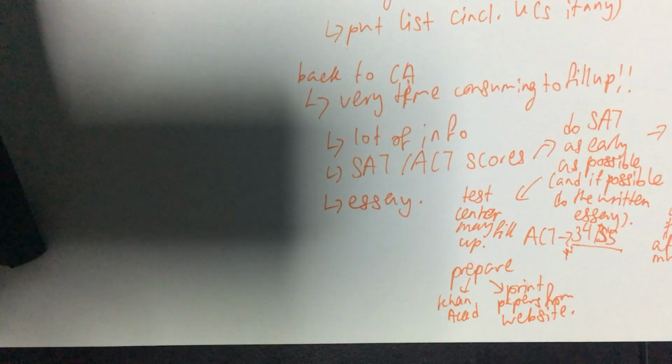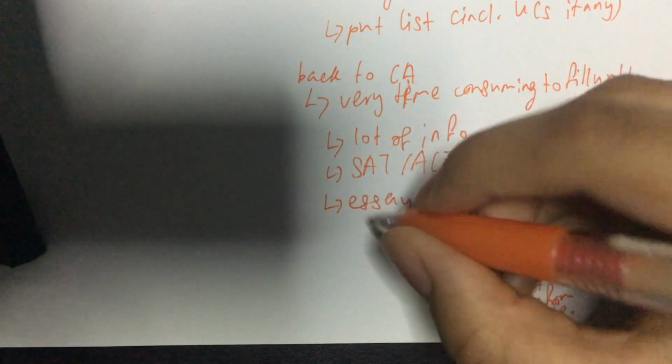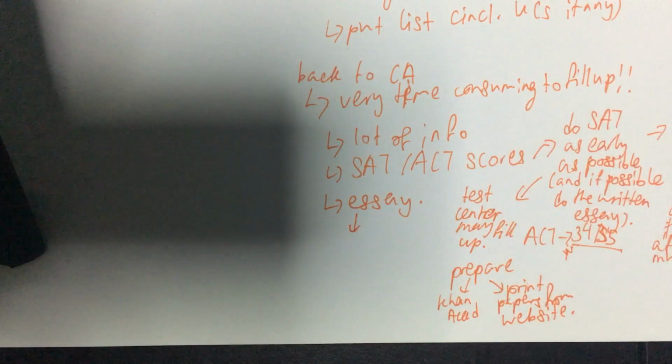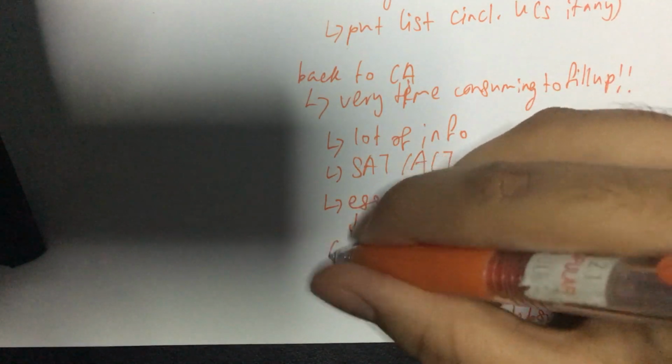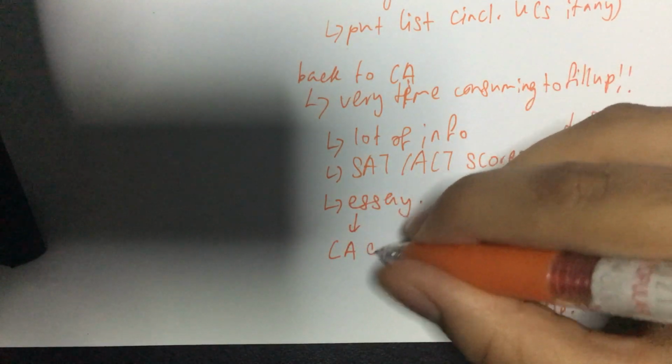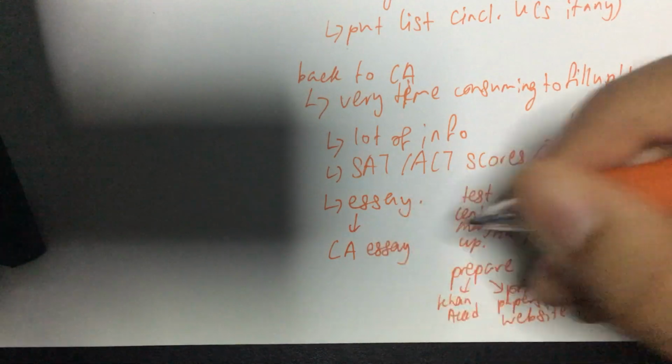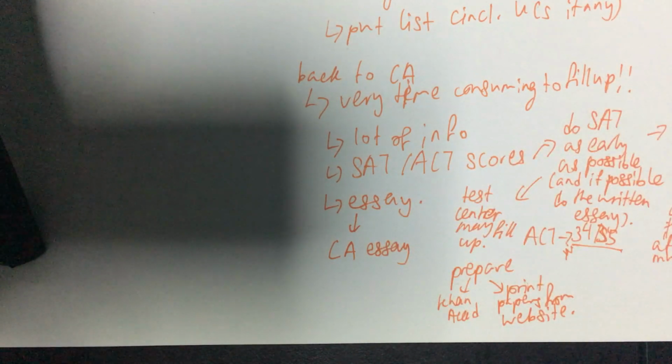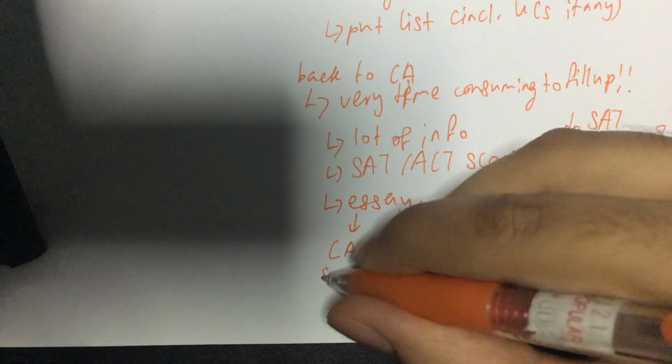Yeah. So for the essay, the essay would be the Common App essay. So you first have the Common App essay, which they will give you 7 questions, then you choose one of them and then you write an essay about it. Many people have recommended that you need to start early, so if you can, please do start early.